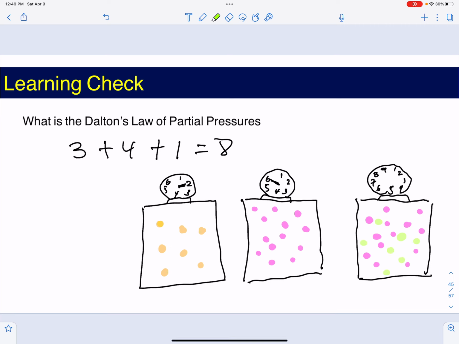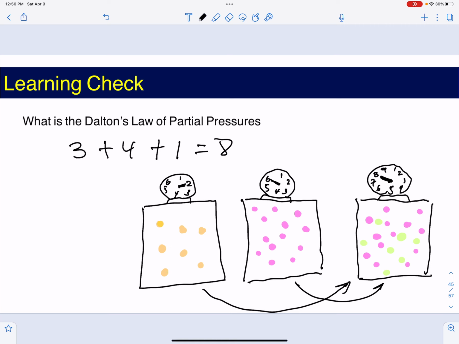So when you put all those together into an equal size container, then your pressure is going to be 8 atmospheres of pressure.